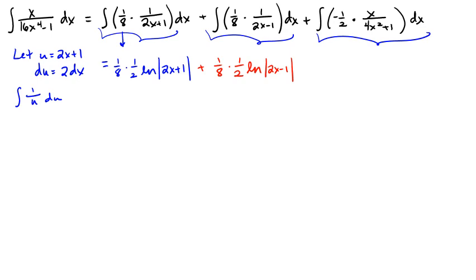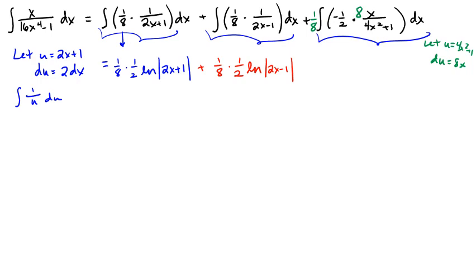Over here, this one will be a little more complicated with the u substitution. Here you may want to let u equal 4x squared plus 1. So then du is equal to 8x. So you'll need to put an 8 in and undo it on the outside.